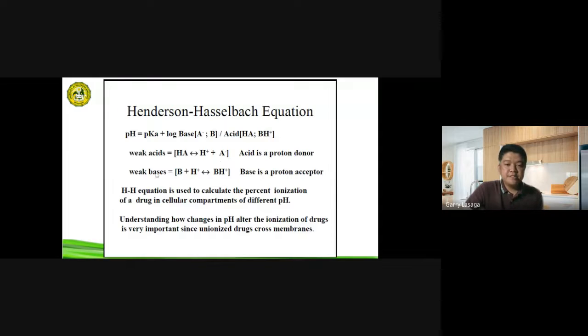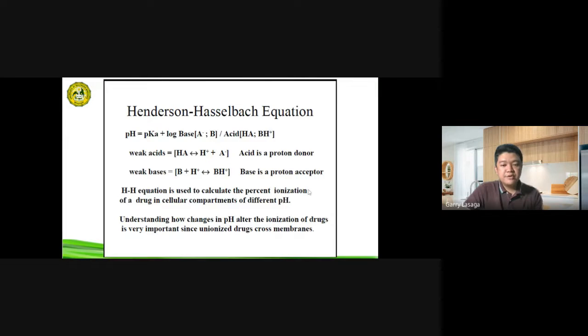For a weak base, it has the ability to accept a proton. So in here, it accepts a proton, so it becomes ionized. So it becomes protonated. So the HH equation, Henderson-Hasselbalch equation, is used to calculate the percent ionization of the drug in cellular compartments of different pH.